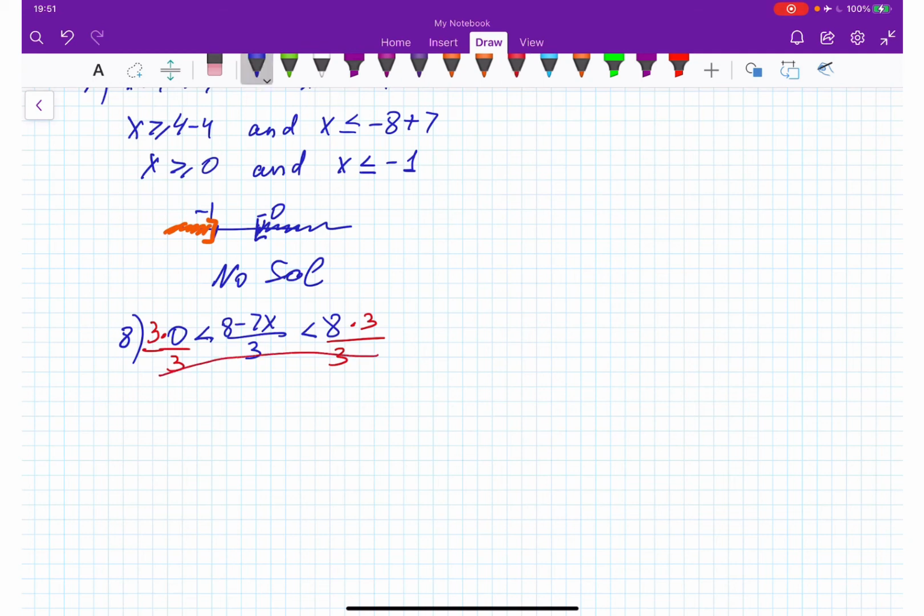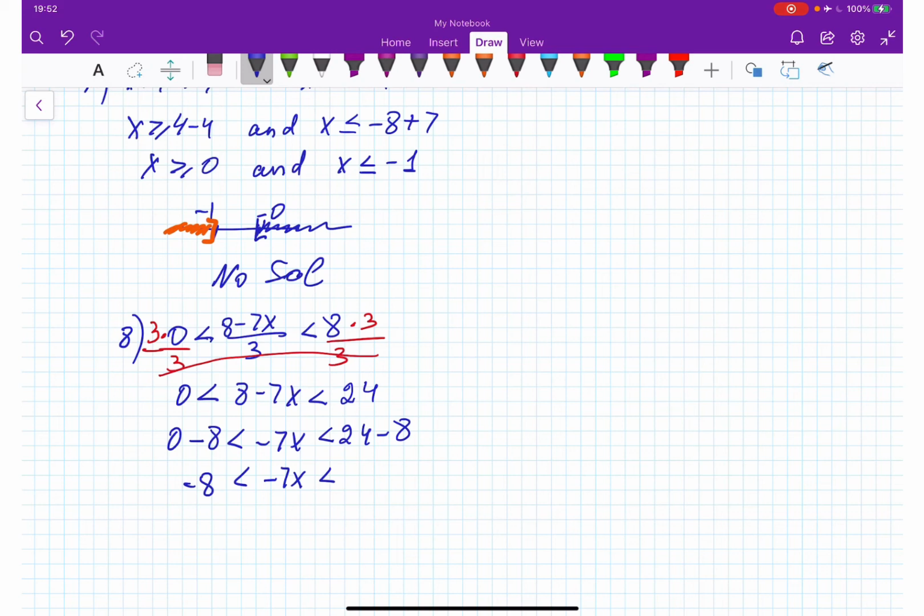And we are getting 3 times 0, which is 0, less than 8 minus 7x, less than 24. So negative 7x will stay here, 0 minus 8, and less than 24 minus 8. And we get negative 7x greater than negative 8, and less than 24 minus 8 is 16, less than 16.